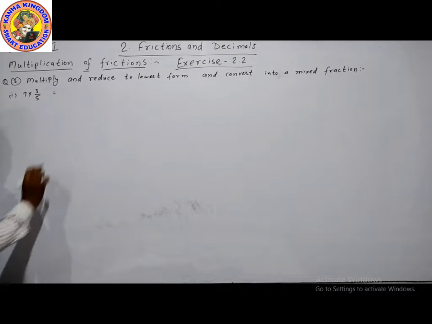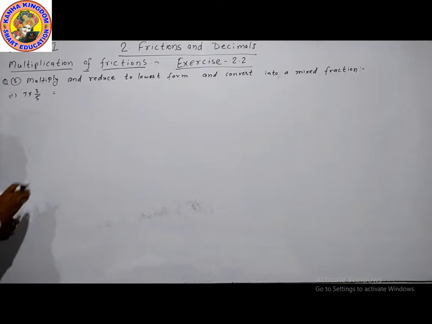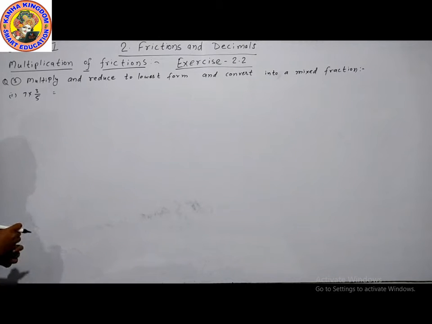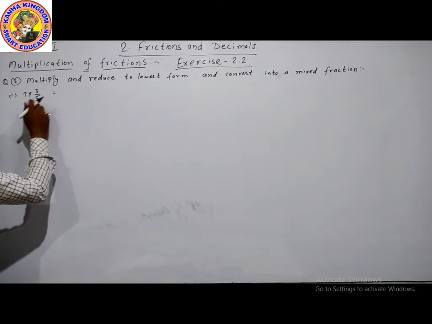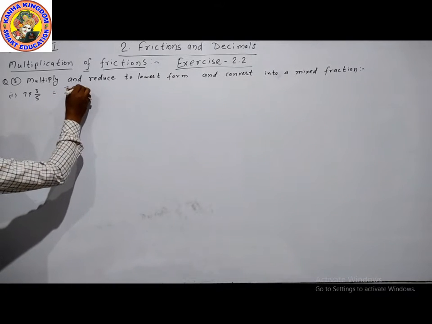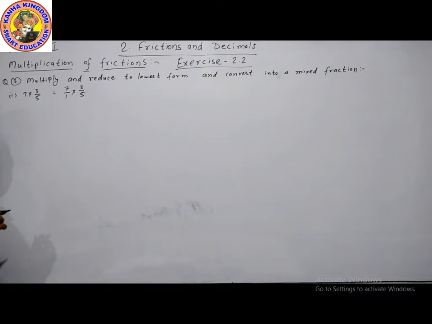When we attempt this type of question, there are 2 numbers. The first number is an integer and the second number is a fraction. When we multiply, it will be converted into a fraction. 7 is an integer, so we convert it to a fraction by dividing by 1.